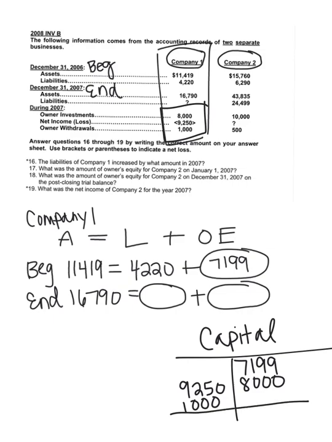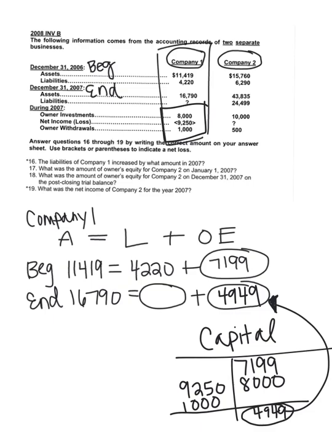So if I just add up my investment and take out my net loss and drawing, I could figure out what my ending capital, or my ending owner's equity, would be. And that would give me a total owner's equity ending balance of $4,949. So I'm just going to put that in place of my ending owner's equity.